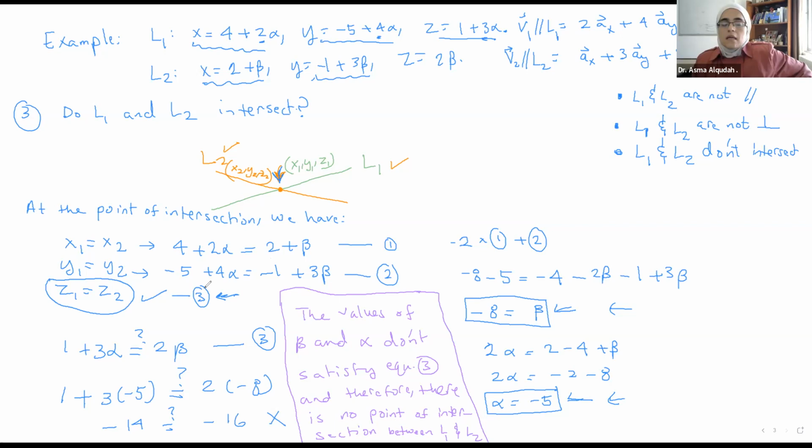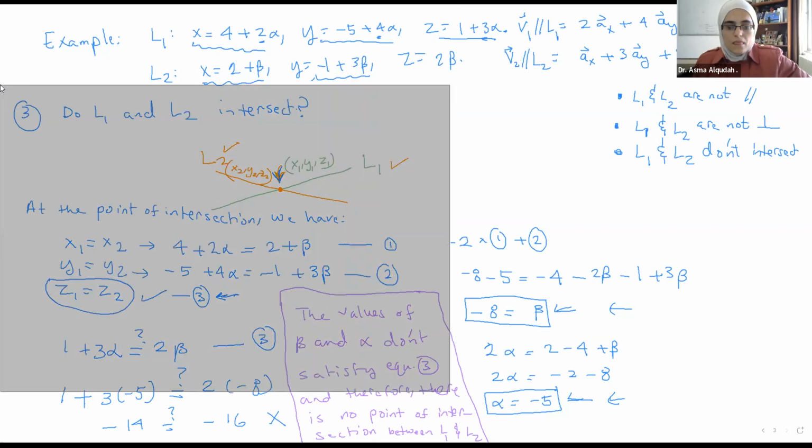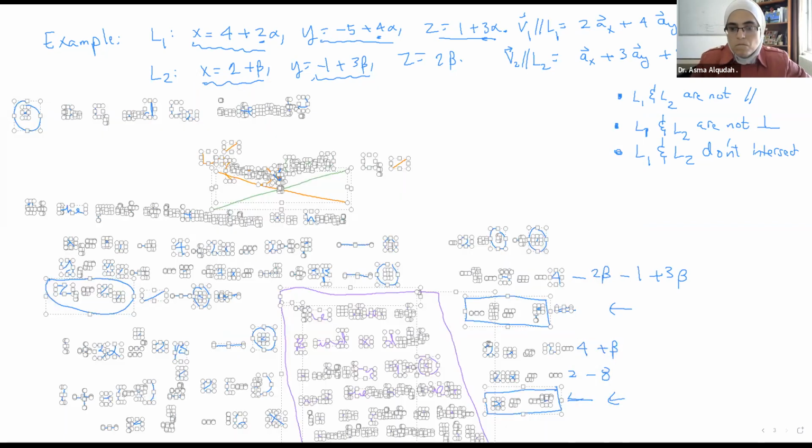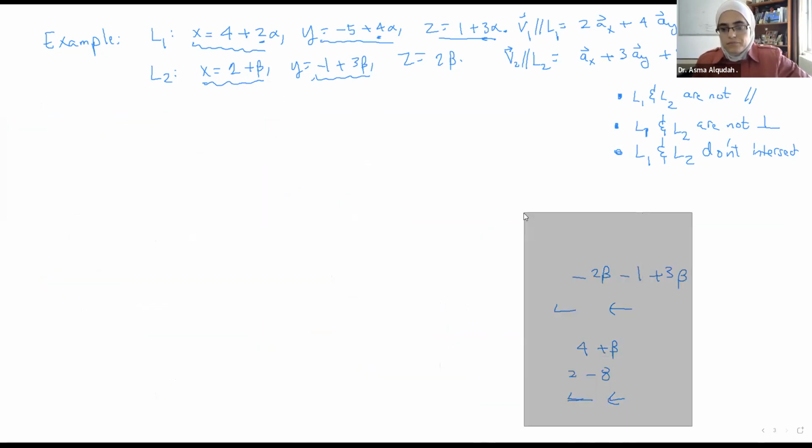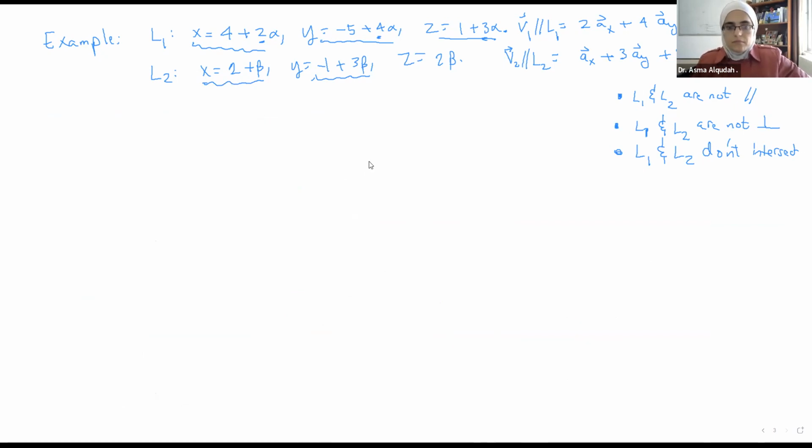Okay, so the thing we need to find out, which is in number 4, are L1 and L2 skew?